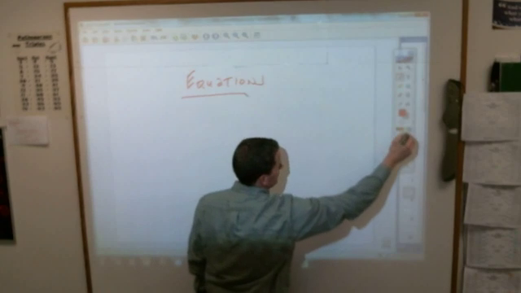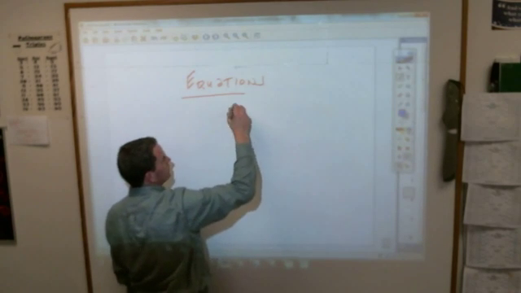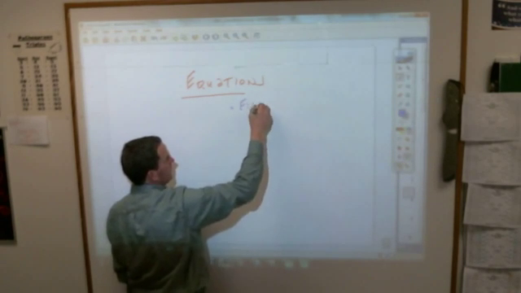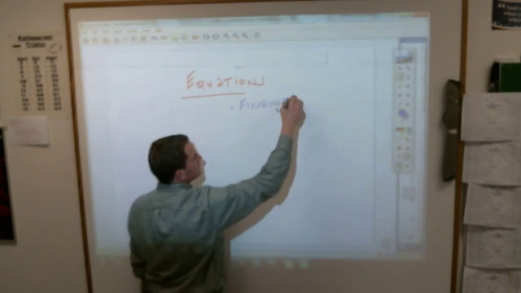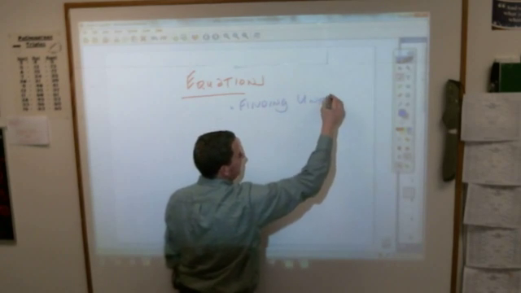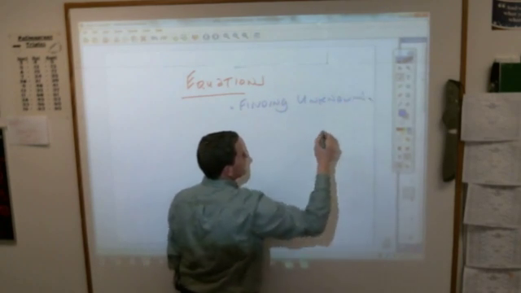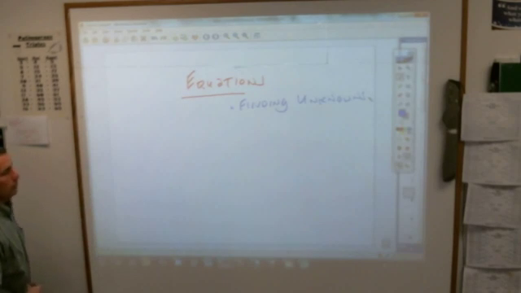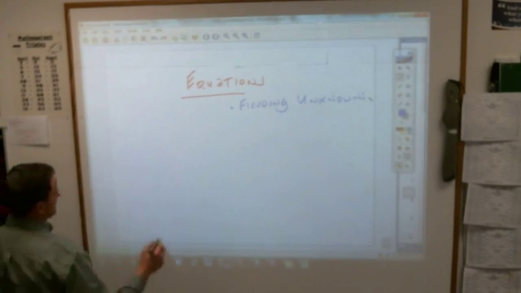The book also calls this finding unknowns. And you've done problems like this, but I am going to ask that you change and do things like this.